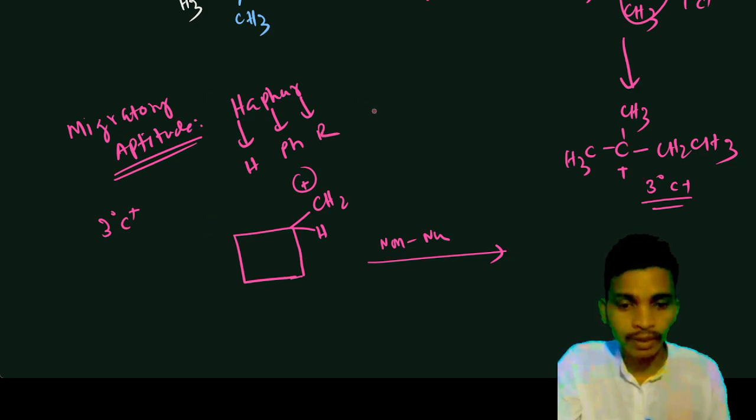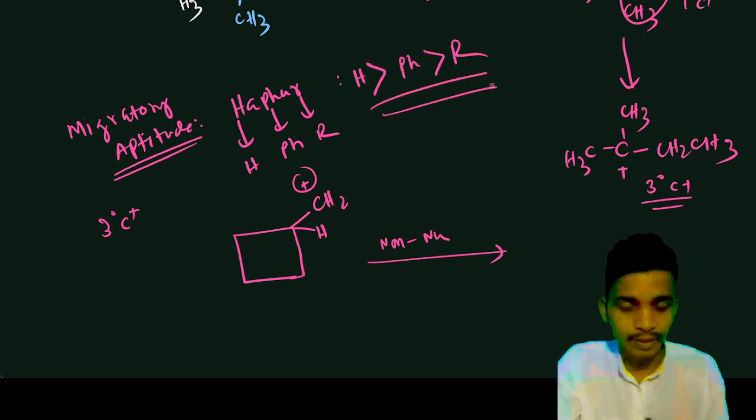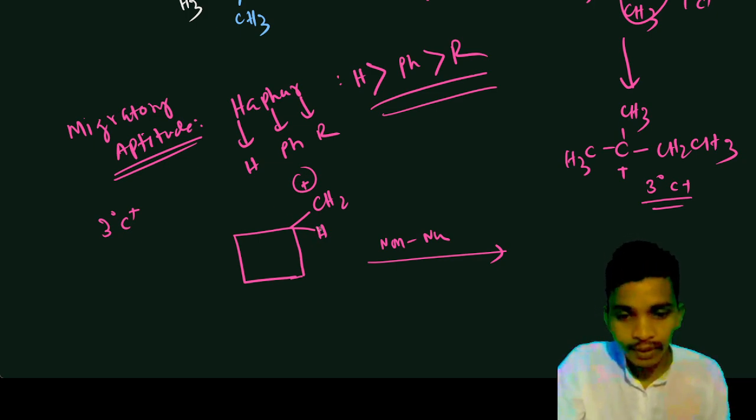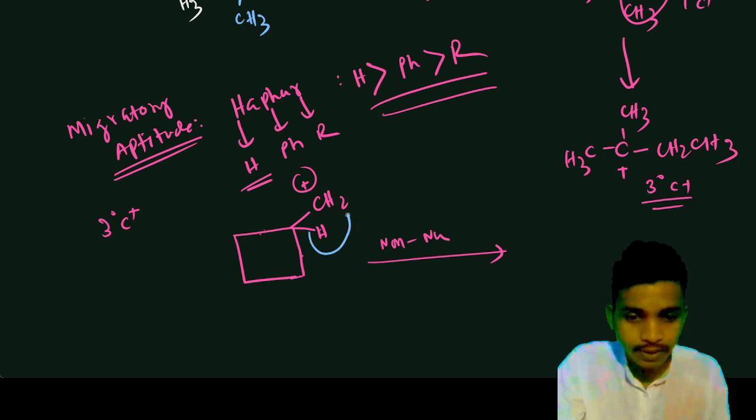So the migratory aptitude says that first hydrogen will shift, then phenyl will shift, then alkyl group will shift. So here H is there, also R groups are there, but which will shift? The first preference will be the H. So this H will shift to this.